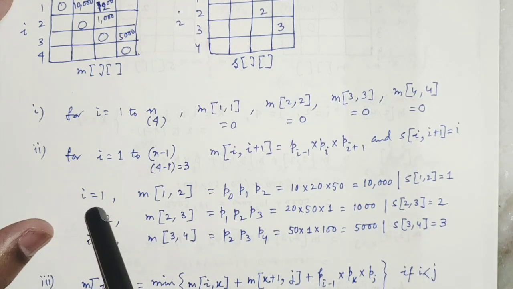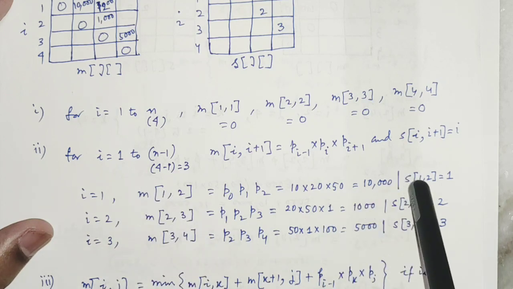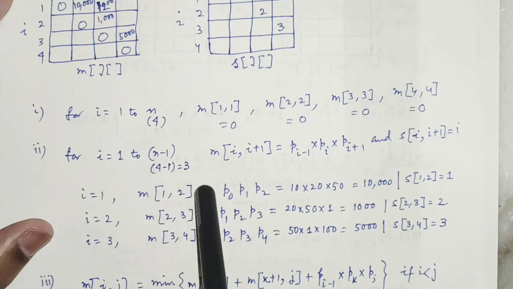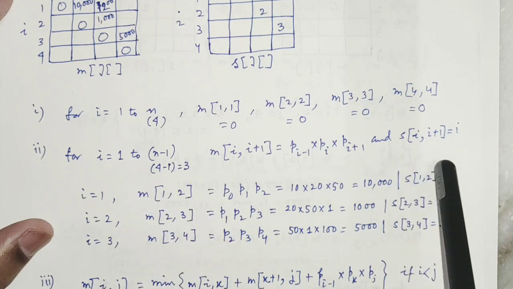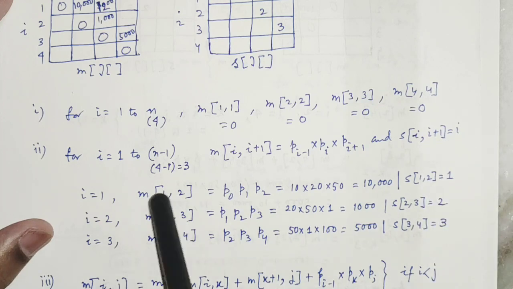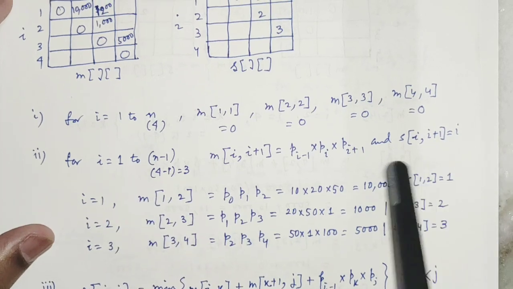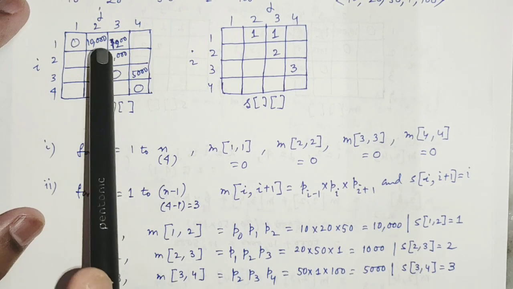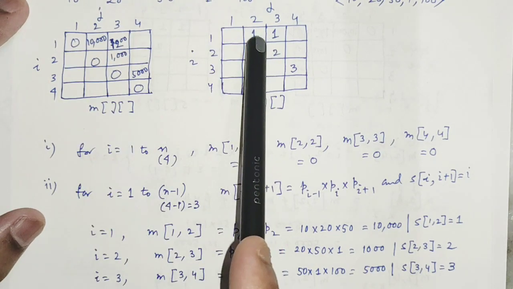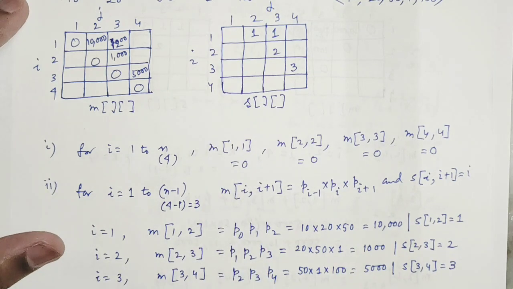Actually you are calculating m of 1 2, and at the same time you have to calculate s of 1 2. So s of 1 2 will receive i, when i equals 1, that means 1. So we have filled m of 1 2 equals 10,000, and at the same time s of 1 2 will be filled by 1.